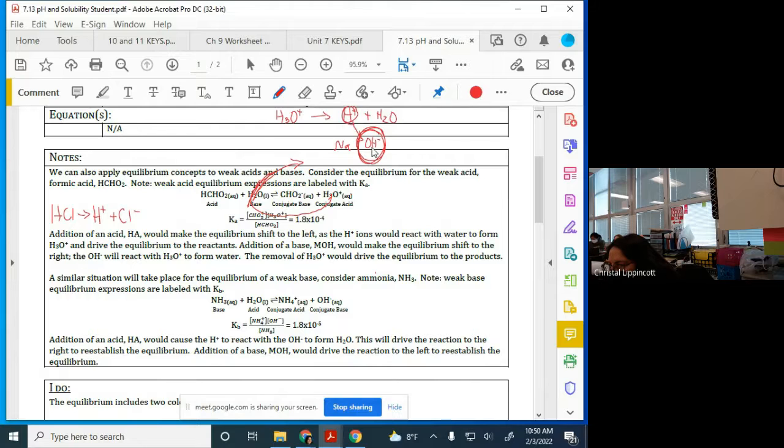The OH and the H are going to join together. You're removing some of this and forming more of this, so it's going to shove the equilibrium this direction then, to compensate. It's the H2O, not the OH, no.